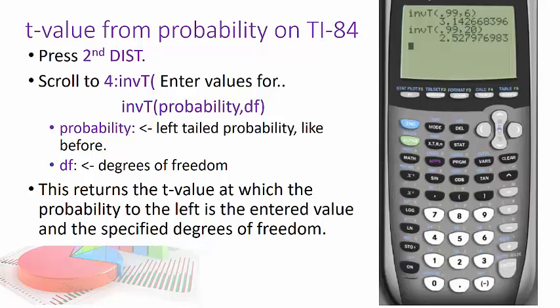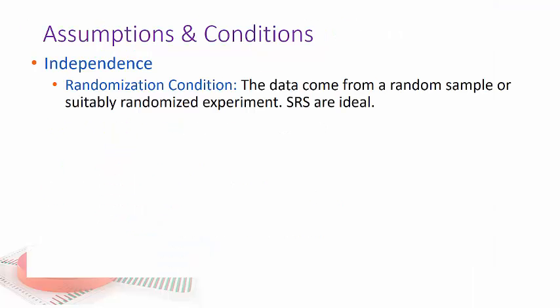Okay, so how about if we're going to do a model, let's talk about our assumptions and conditions. Independence is still very important. The data comes from a random sample or suitably randomized. SRS are ideal. Now, some of you always want to write SRS. It's only a simple random sample if they tell you they did a simple random sample, okay?